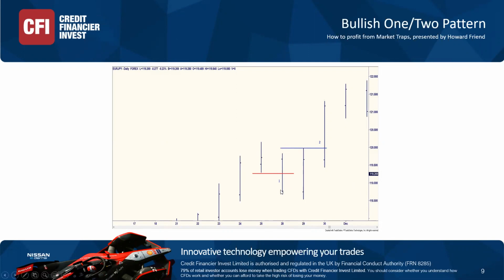Do we make a break through the nearest 2-bar high on this bar? No, we don't. We break through the previous bar's high, but we don't break through the nearest 2-bar high, which happens to be the swing high. So at the end of this bar, the nearest 2-bar high is in fact the high of this bar, this blue line.